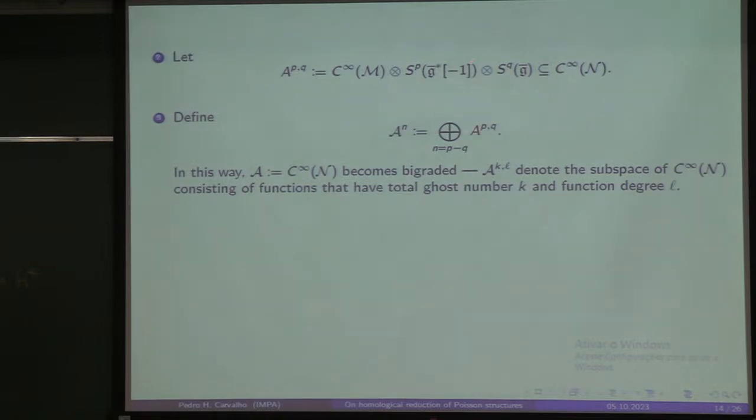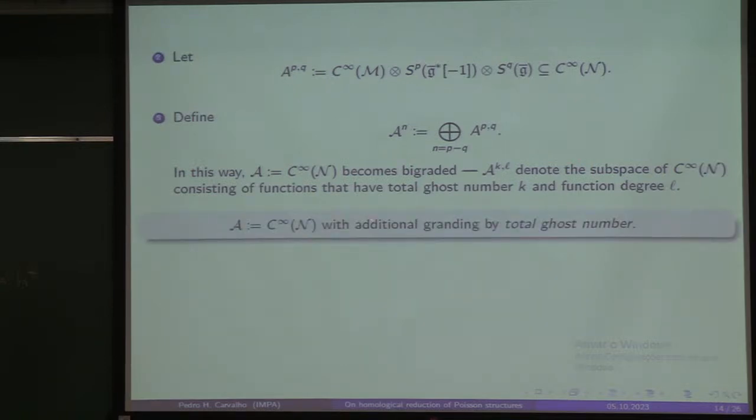So these degrees are different somehow, and this algebra is actually bigraded. In the other case, this grading coincided with the grading that I already had, but now I have two different gradings.